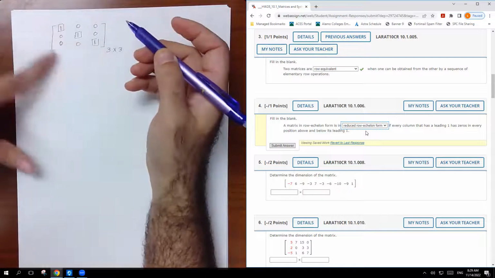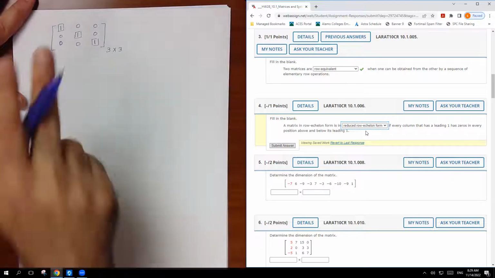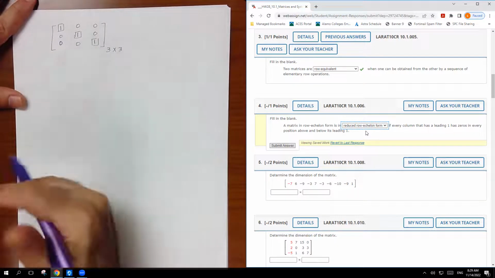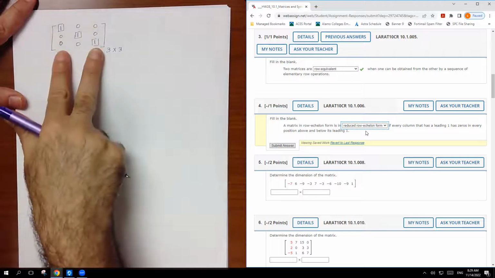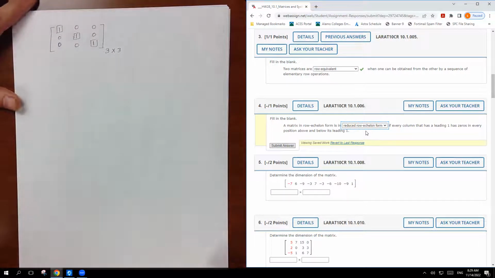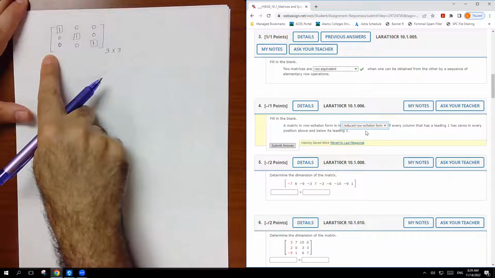So this is called reduced row echelon form. We're going to check that when we solve the system. We have to convert the matrix to this form so we can find the solution. I'm going to show you how to convert that by doing row operations. So we're going to find the solution. So this is the reduced row echelon form.